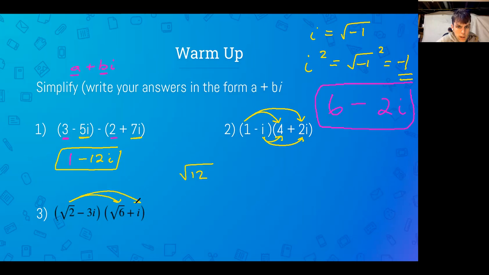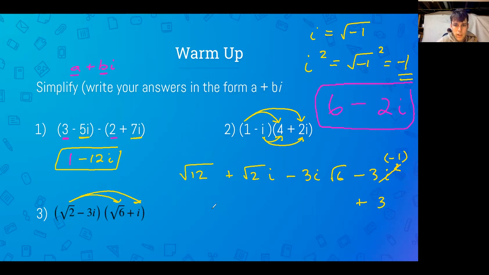Square root 2 times i is going to be root 2 i. Negative 3i times root 6 is going to be negative 3i root 6. And negative 3i times i will be negative 3i squared. Remember, that's just going to be a negative 1. So that'll become plus 3.